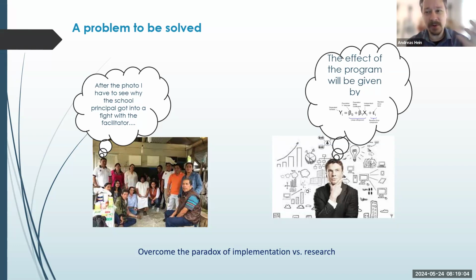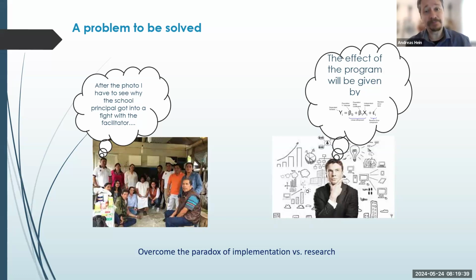One is the world of solving problems in the field, like the community picture where I have made a note: the guy is thinking, after I take this photo, I have to see why the school principal got into a fight with the facilitator, and I have to mediate this, because I can't go on with the program. That is the mindset of the usual implementer around the world. They try to fix things, to get a room for a workshop, to solve all these little implementation problems.